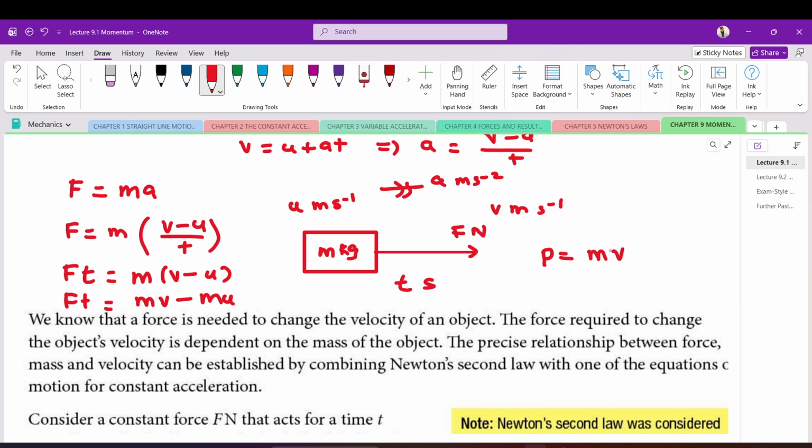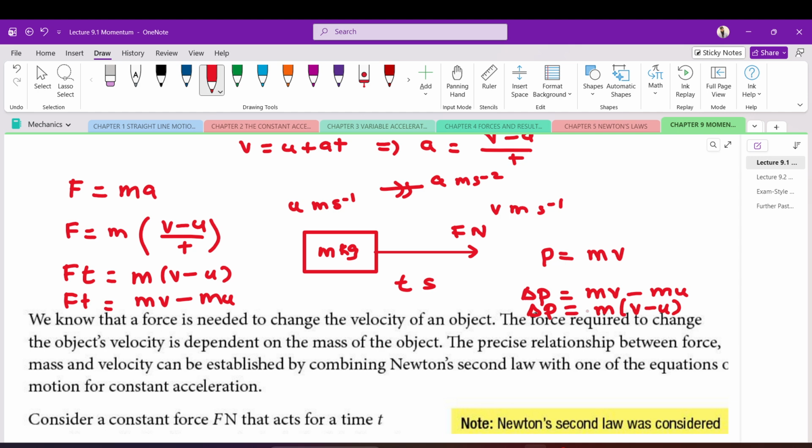This is the momentum of an object at a particular velocity. But if the velocity changes, then the change in momentum will be final momentum, which is mv, minus initial momentum, which is mu. Here we can factorize m, so we have m times v minus u for simplification.